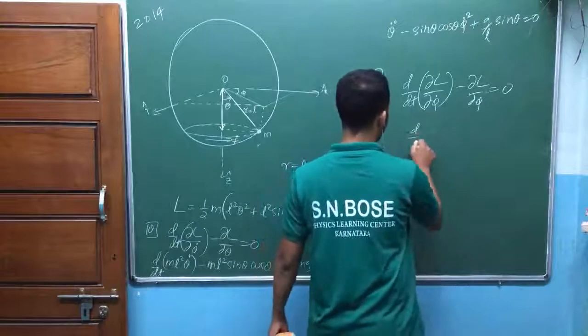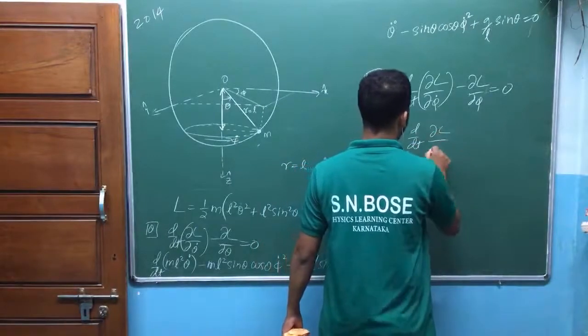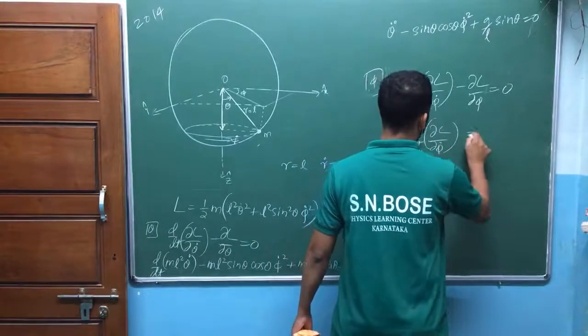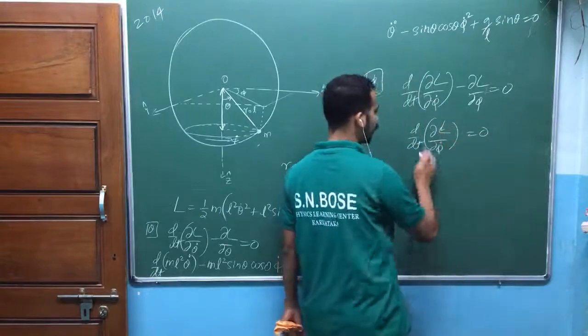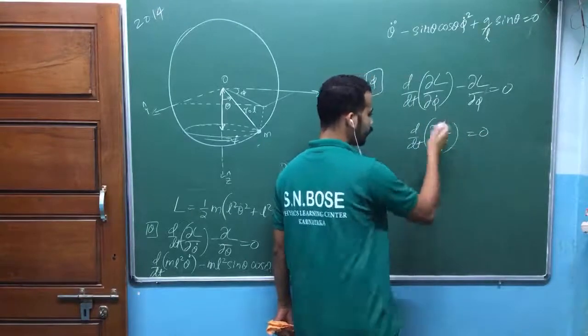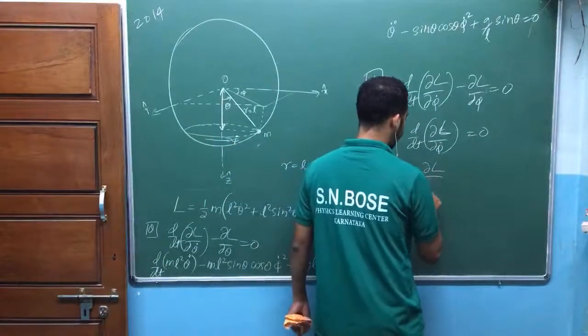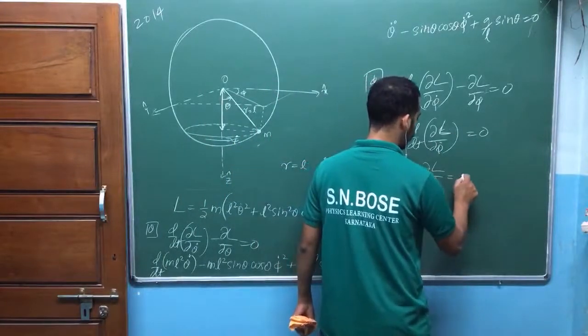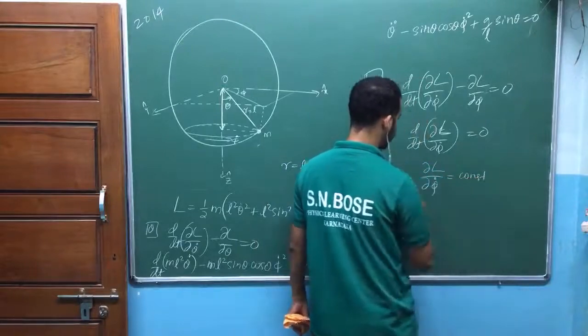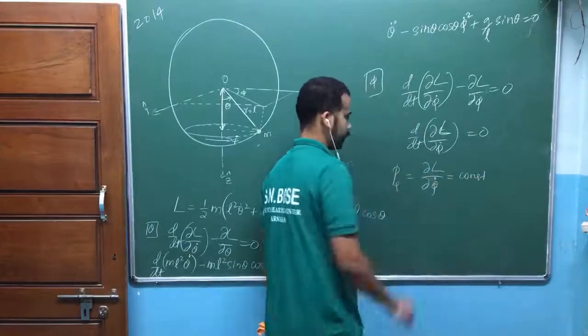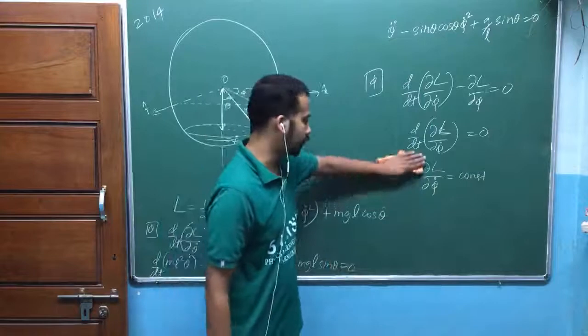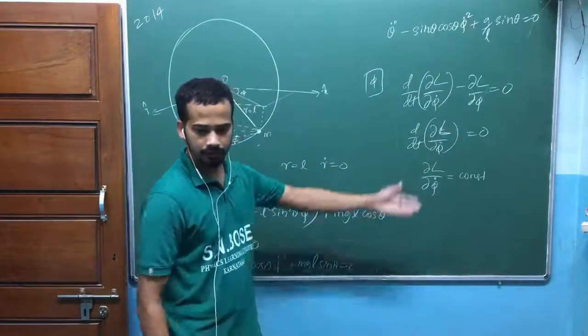So d by dt of dou L by dou phi dot is equal to 0. That means the time derivative of this quantity is 0, so this quantity is constant with respect to time. I call this p phi, but I don't need this symbol while solving the problem.